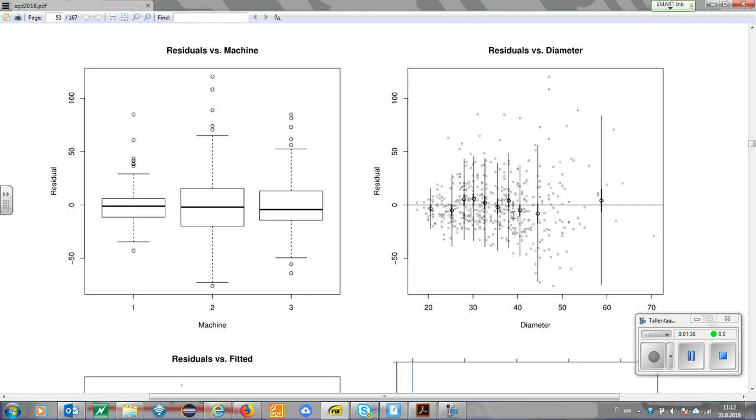Then if we look at the mean of residuals with respect to diameter, we cannot see any trend. I am using this kind of whiskers plot here to help the interpretation. I have classified the data in 10 classes so that each class includes approximately the same number of observations, and then I have computed the mean of every class, which is shown by these dots here.